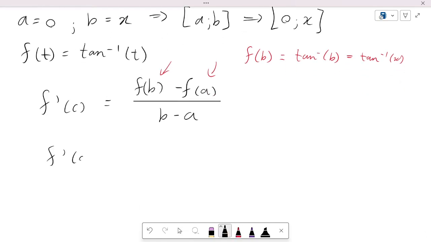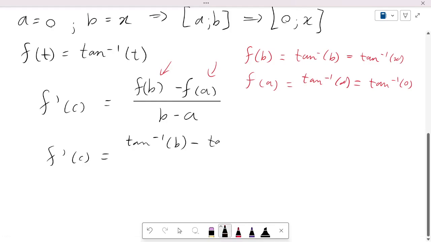F prime of c is equal to arctan of b minus, okay, now we need to see arctan of a, f of a, right? We need to find f of a, and that's going to be arctan of a, which is basically, we know a is equal to 0 because we assigned it, and therefore we're going to have arctan of 0 over here.